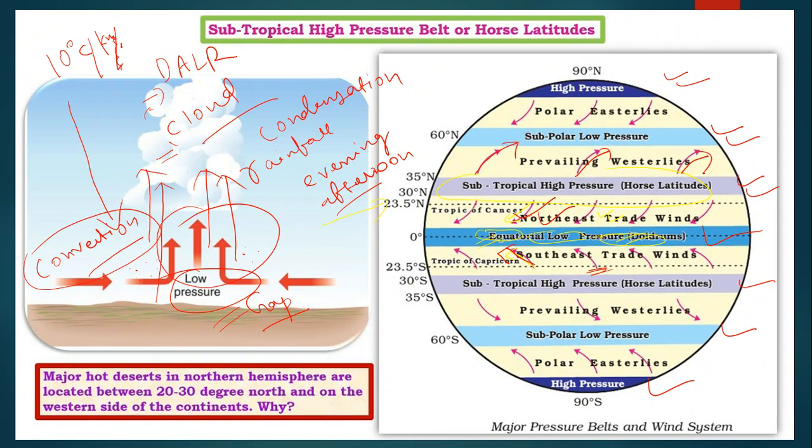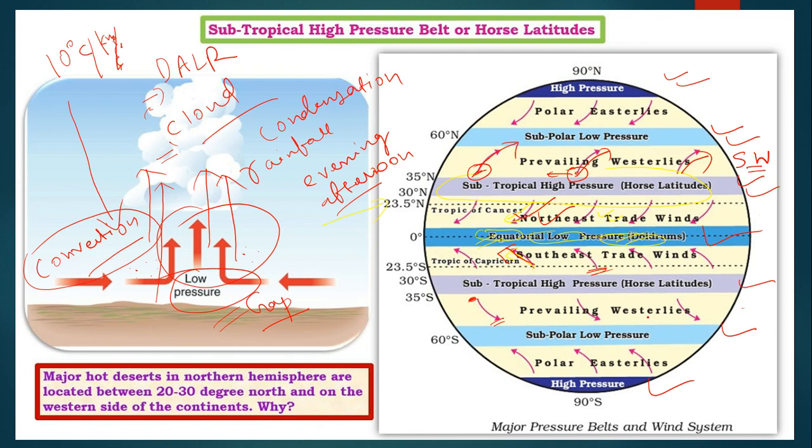So it will be known as the southwest westerlies because the wind is moving from the southwestern direction. We have to look at the direction from where the wind is coming. So the wind is coming from the southwestern direction, so it will be known as the southwest westerlies. And here the wind is coming from the northwestern direction, so it will be known as the northwest westerlies.